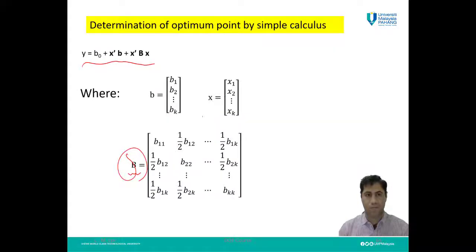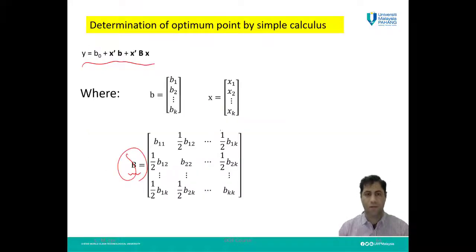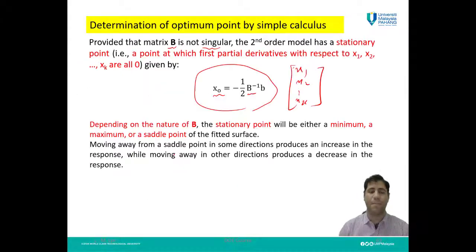B here is a matrix, so this will also be a matrix, which will give us the optimum point for x1, x2 up to xk. So if we solve this equation according to the matrix, we can find the stationary point or optimum point for our experiment.